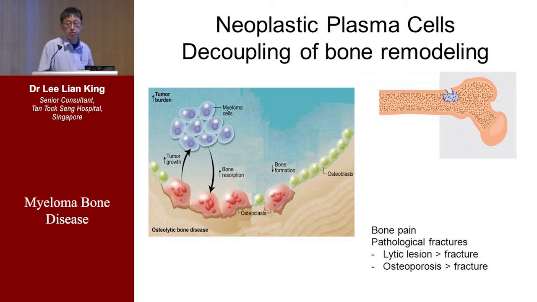As a result, the patient will experience bone pain. When a lot of the bones are affected, the bones weaken, a bit like osteoporosis. And the typical feature, if it's very focused, is a punch-out lesion on the bone, which in radiological terms we call a lytic lesion.